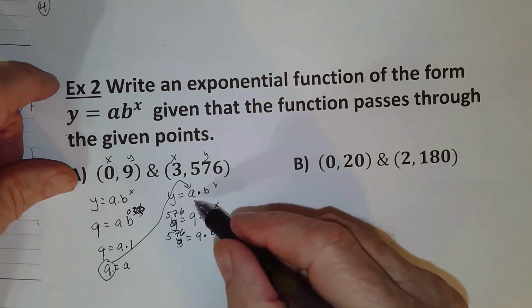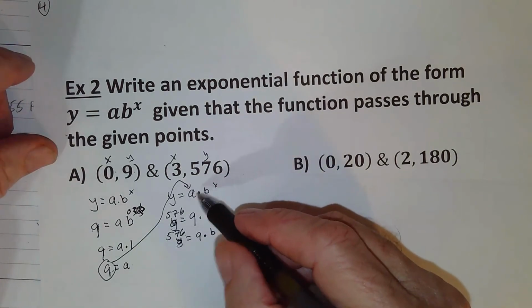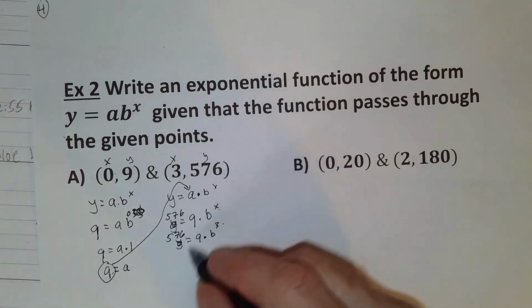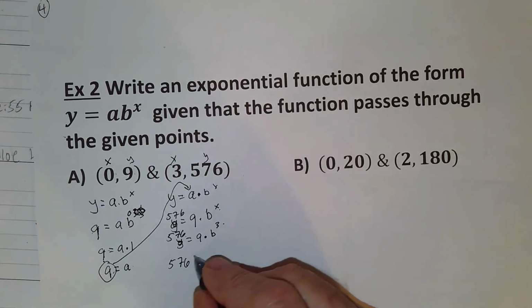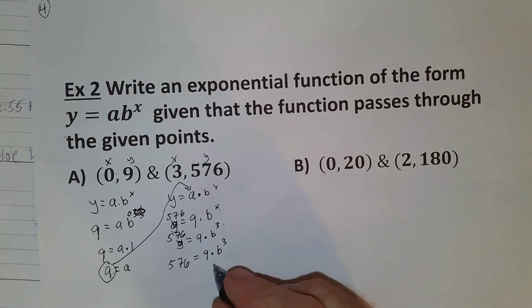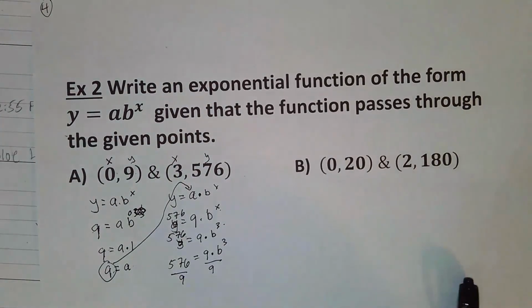But we're using the a over here because we found out what a was, because the a's and the b's are the same. We put that over here. Okay. So now what's happened is I have 576 equals 9 times b to the third. I want to find out what b is. I divide by 9 on both sides.